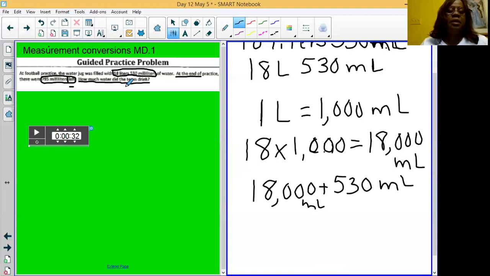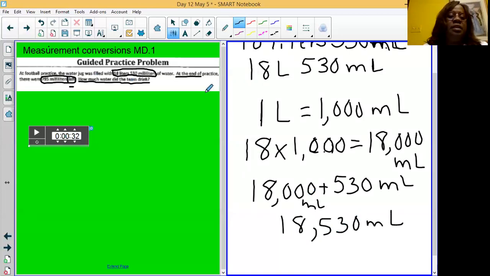It was filled as 18 liters, 530 milliliters. But because I have milliliters here, and I have liters here, that's why I changed this to milliliters. So I have all like units. So 18,000 milliliters plus 530 milliliters gives me 18,530 milliliters.